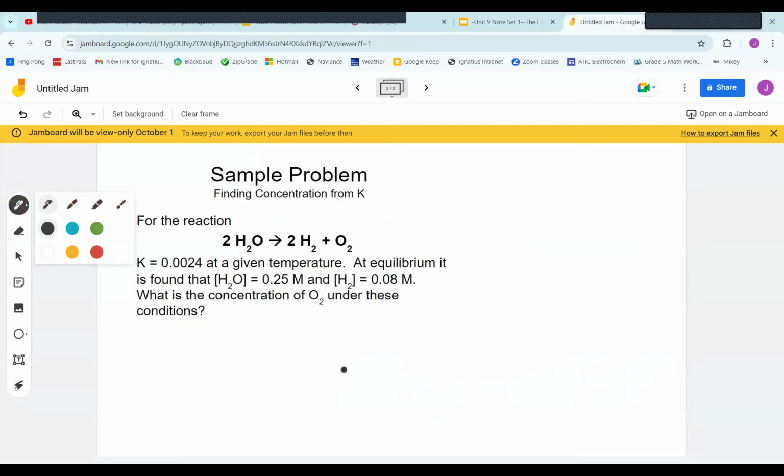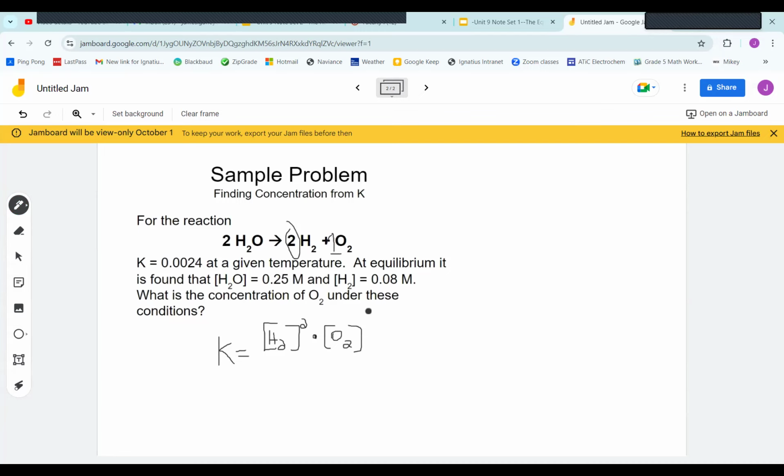The first thing we're going to want to do is write an expression for the equilibrium constant K. So look at the products. There are two products in this equation, H2, which has in the balanced equation a coefficient of 2. So if there's a coefficient here, we got to make sure to make that an exponent in the expression for K. The other product is O2, and its implied coefficient is a 1.